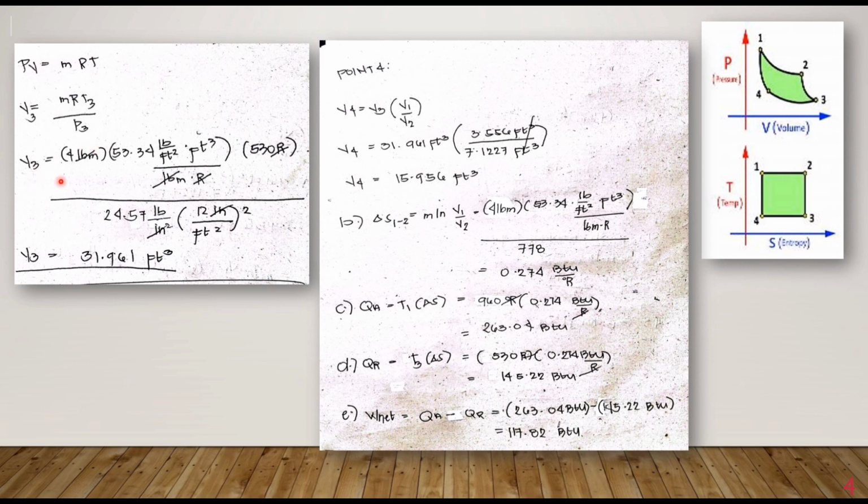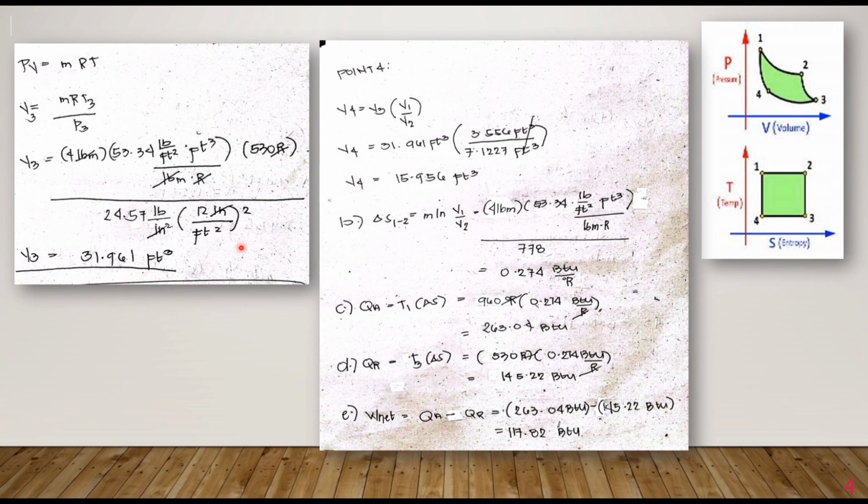So we have V3 is equal to 4 lbm times 53.34 pound feet squared times cubic feet over lbm times R times 530 R over 24.57 pounds per inches squared times 12 inches over feet squared raised to 2. So cancel the same units, cancel the R, cancel these inches. So we get V3 is equal to 31.961 cubic feet.